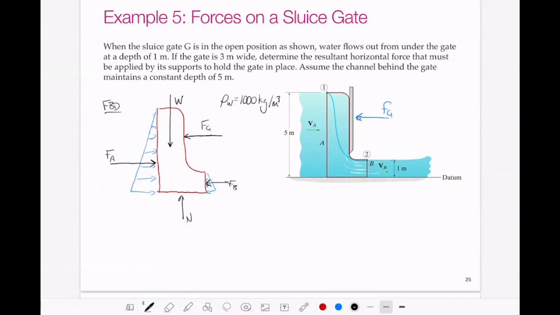And past the gate is a constant depth of 1 meter. We can assume that it's also steady flow. And we also are going to assume that the velocity right here, entering point A and exiting point B, are uniform. So that represents the average velocities.